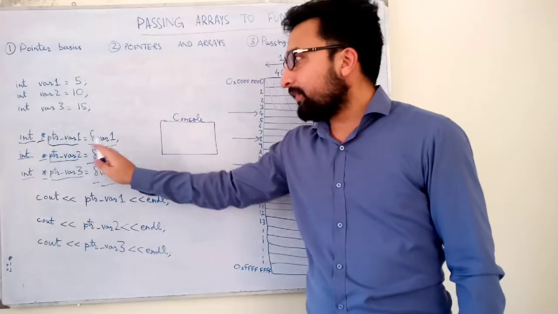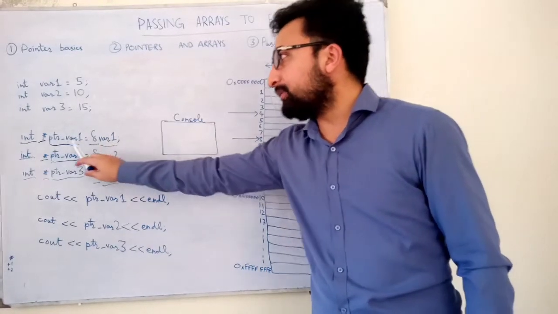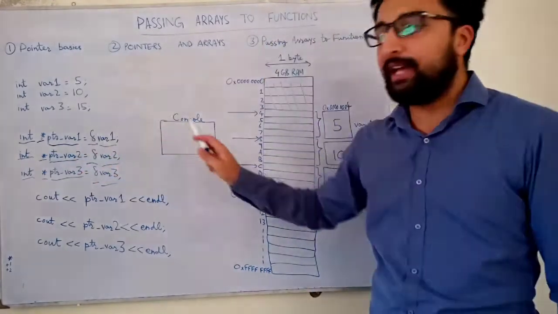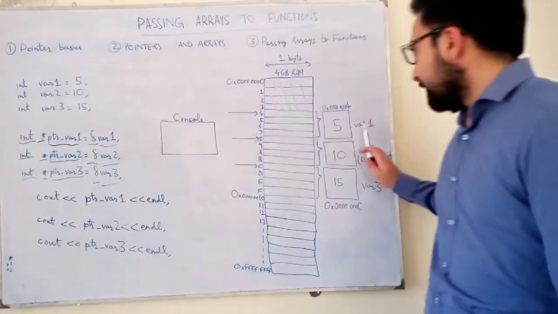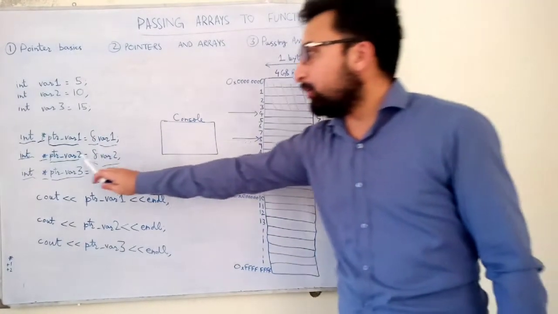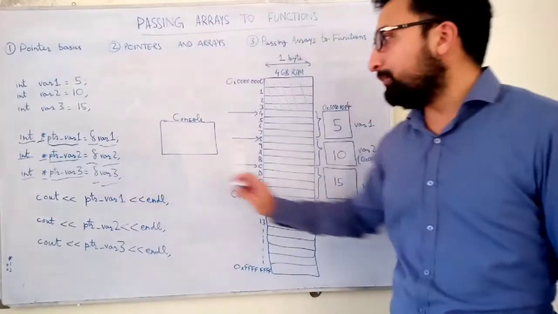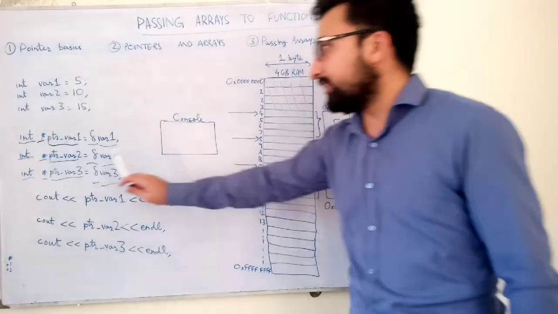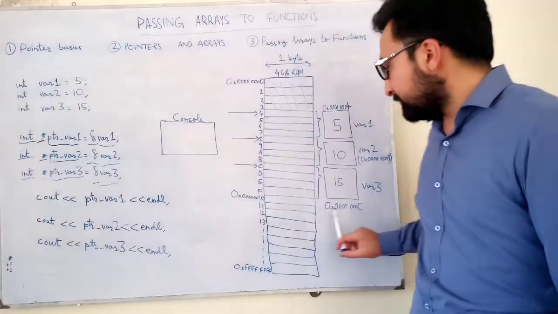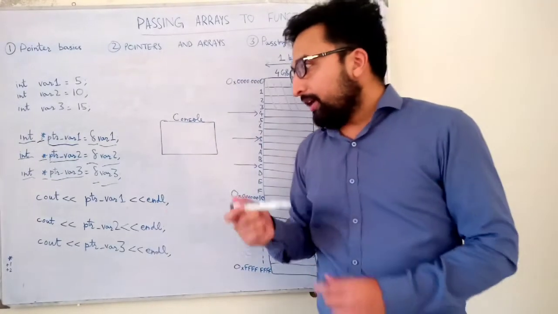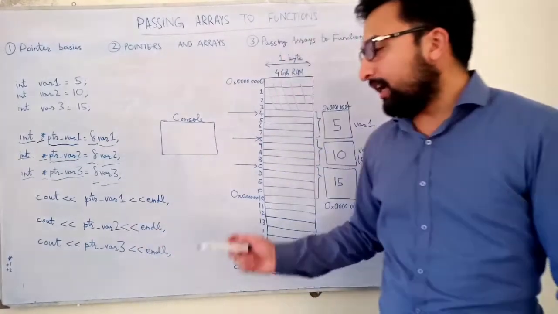So this pointer variable ptr_vr1 will be holding this particular address, and this pointer variable ptr_vr2 will be holding this particular address, and this ptr_vr3 will be holding this particular address. So when we display them on the screen, how are they displayed?